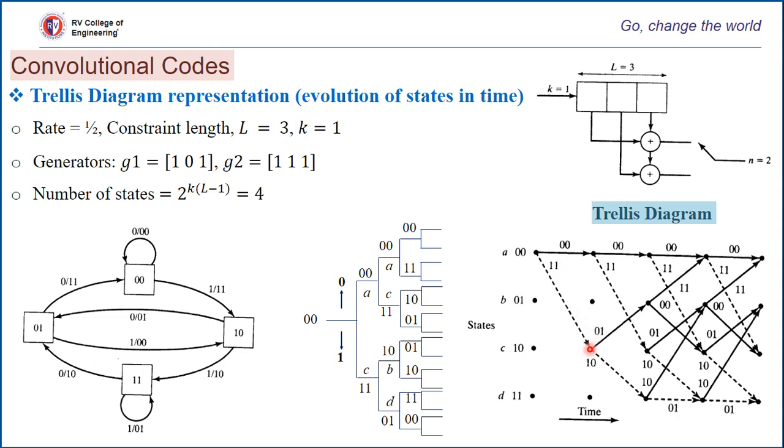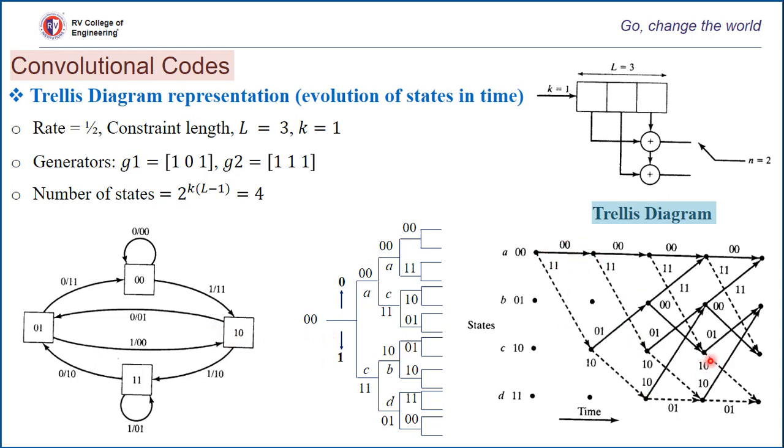From here again there will be 2 more branches, for incoming bit 0 and for incoming bit 1, and from each of those we'll have another 2 branches, and this trellis keeps on growing as long as you have no limits on time and have an infinite number of bits incoming to the encoder. For any particular sequence of the incoming bit stream, you can trace the trellis diagram to find the output bit stream.